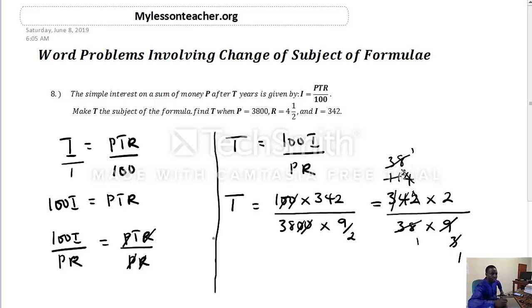So that our time is 1 times 2 divided by 1 times 1, and that is equal to 2/1, which is equal to 2 years. So our time is given as 2 years, since T is time.